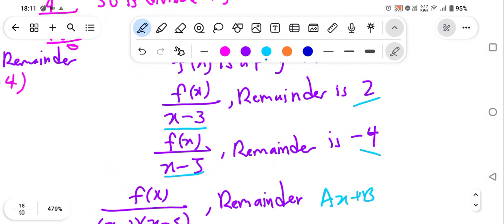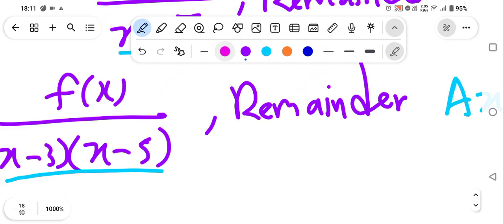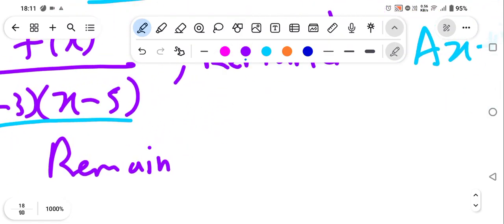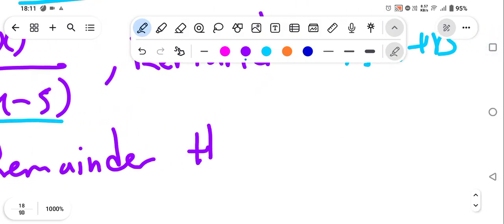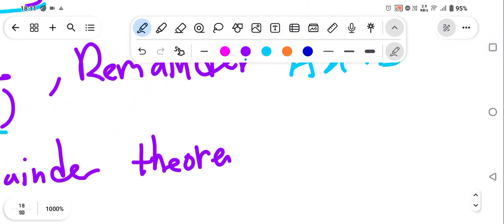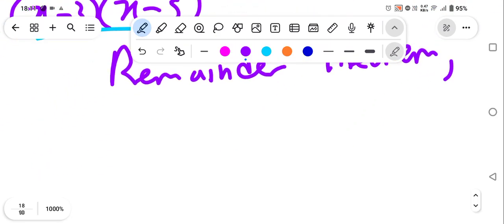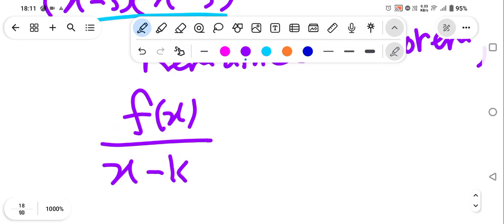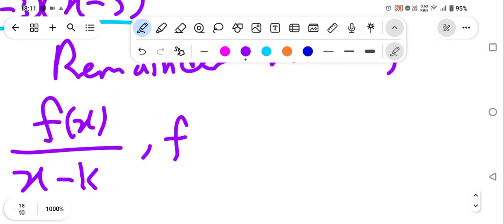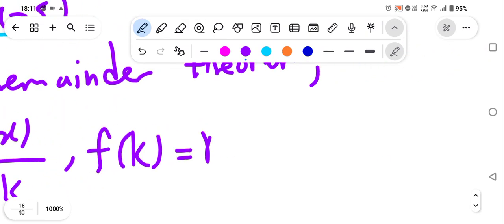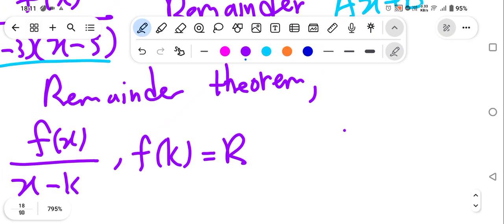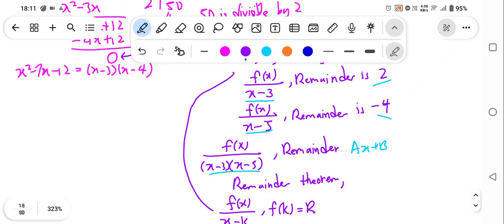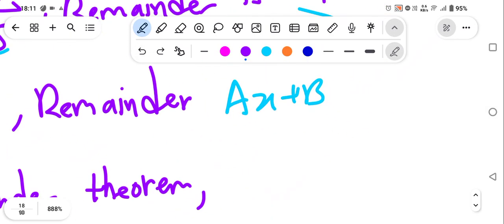First, from the remainder theorem, we know that when f(x) is divided by x minus k, then f(k) will be the remainder. So how are we going to apply this here?